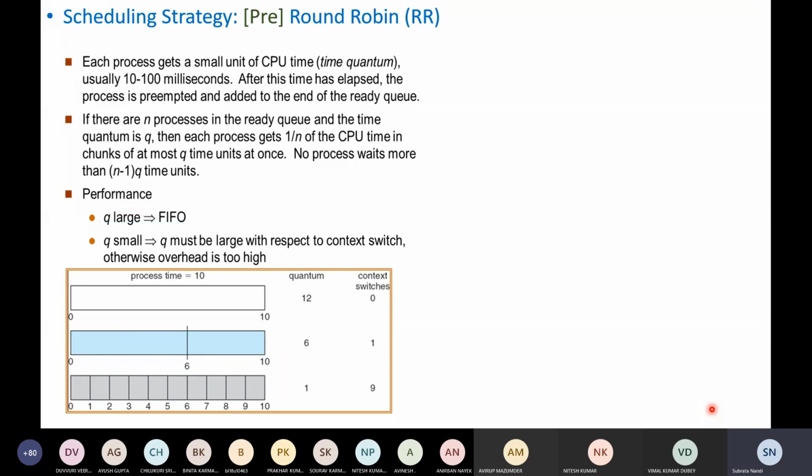It is very simple. We just have a queue of processes, and this is a CPU, and this is process A, this is process B, and process C, and so here.